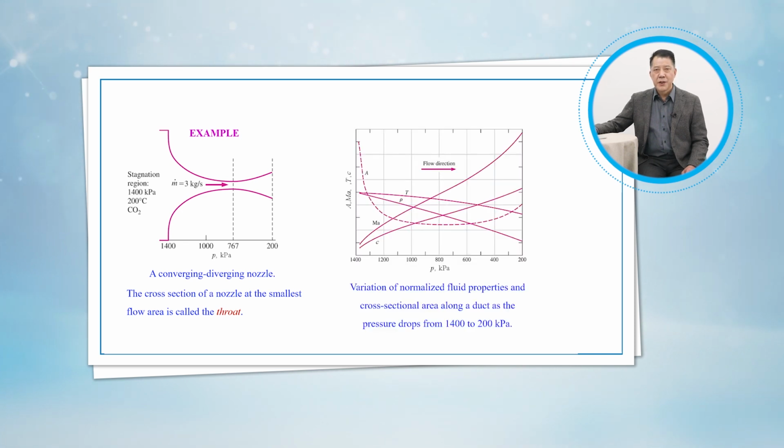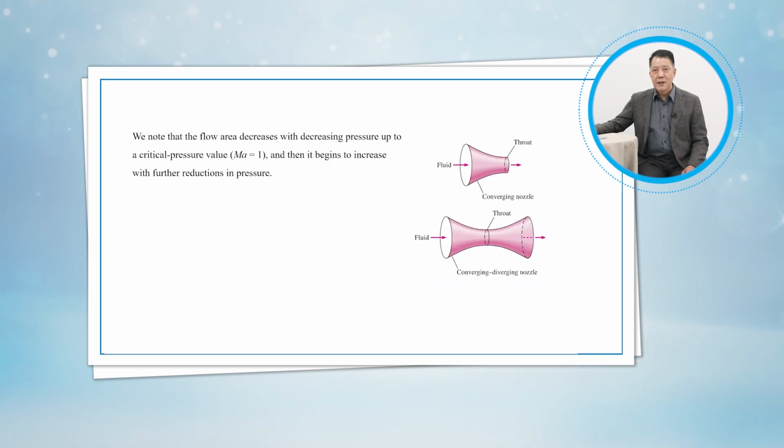This figure shows the variations of normalized fluid properties and cross-sectional area along a duct as the pressure drops from 1,400 to 200 kilopascal. We note that the flow area decreases with decreasing pressure up to a critical pressure value, and then it begins to increase with further reduction in pressure.